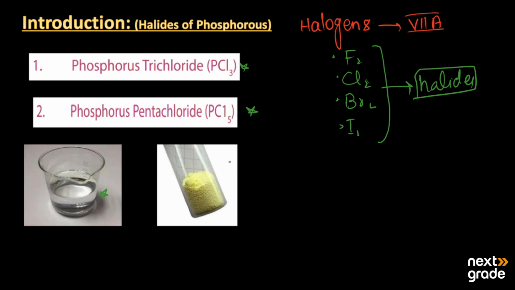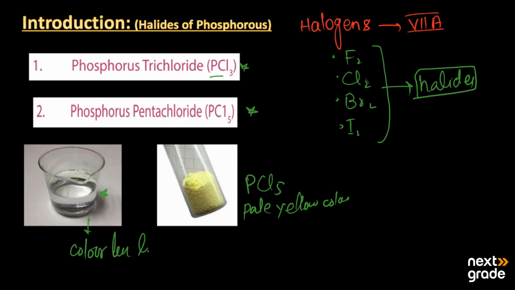The second is phosphorus pentachloride, PCl5, which exists in a pale yellow color. On the other hand, PCl3 is a colorless liquid.